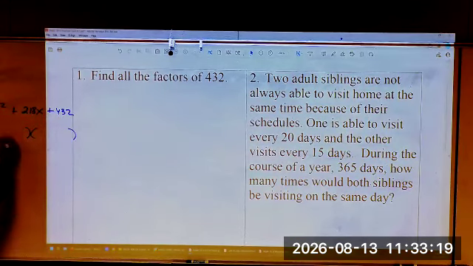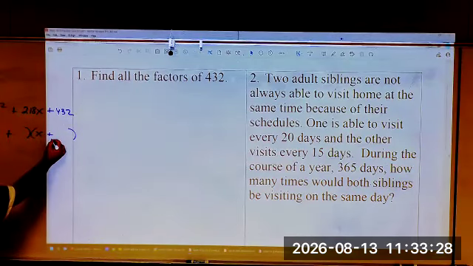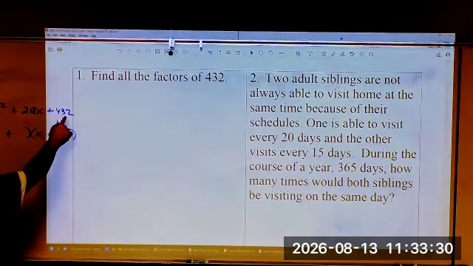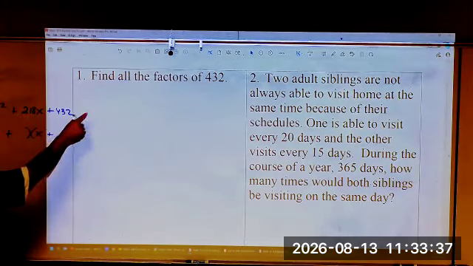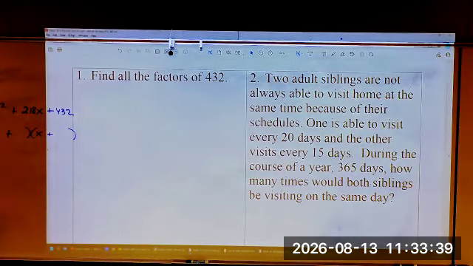First times first is x squared, so the only way to make x squared is x times x. Since those two signs are both positive, we need a positive and a positive. Last times last is 432. We need to make 218 in the middle. So I would list all the possible ways we can multiply the factors of 432 and see which ones add up to 218 in the middle.